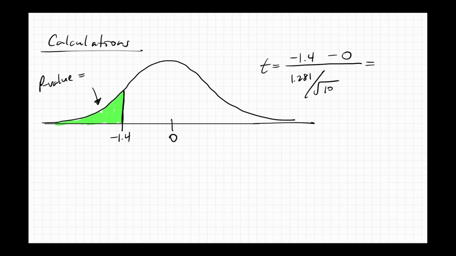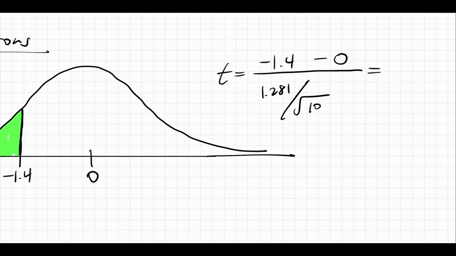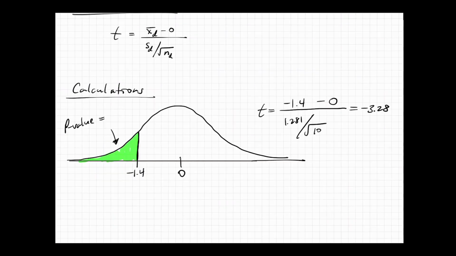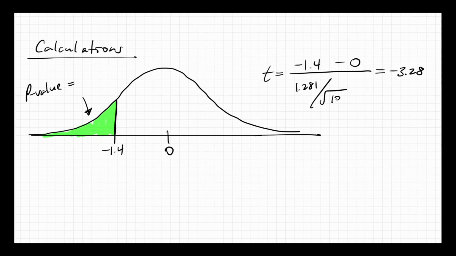All right. What was the t-score? Negative 3.28. That p-value is going to be pretty small. Negative 3.28 for 9 degrees of freedom.